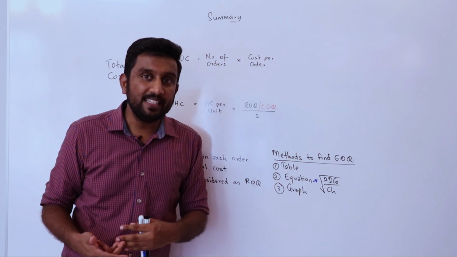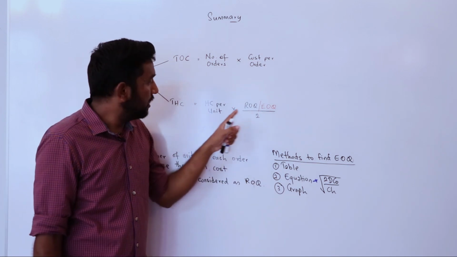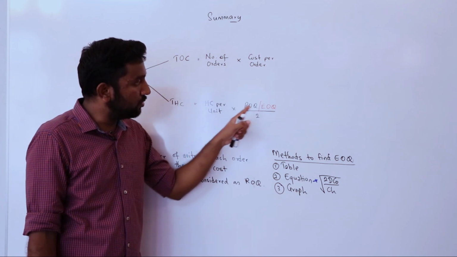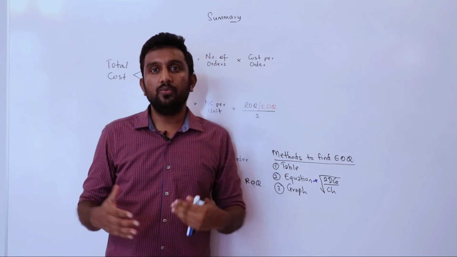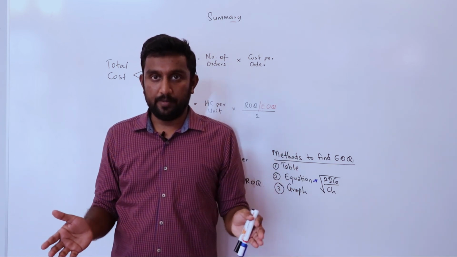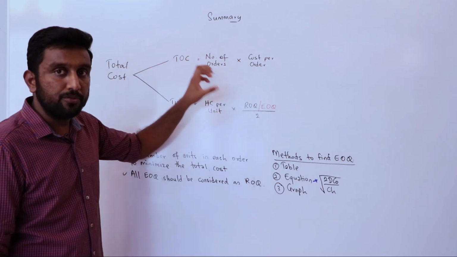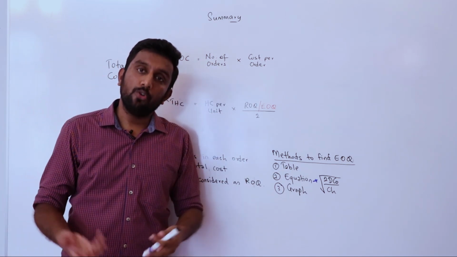So once they decide that, they go with the EOQ thereafter. So holding cost per unit into ROQ or EOQ divided by 2. Why divided by 2? Because we have to take the average, because we are not going to store the entire thing for 1 year. So that is the first part of the cost related to the raw material.